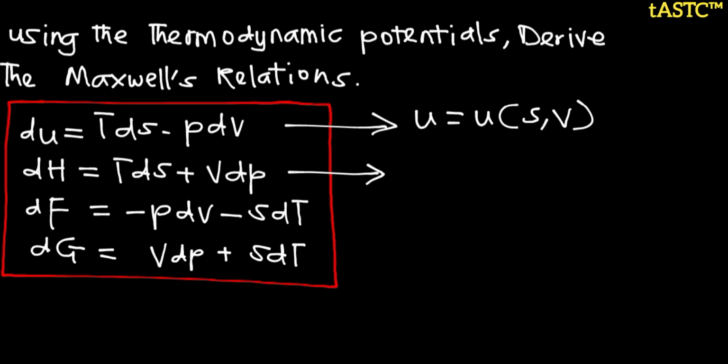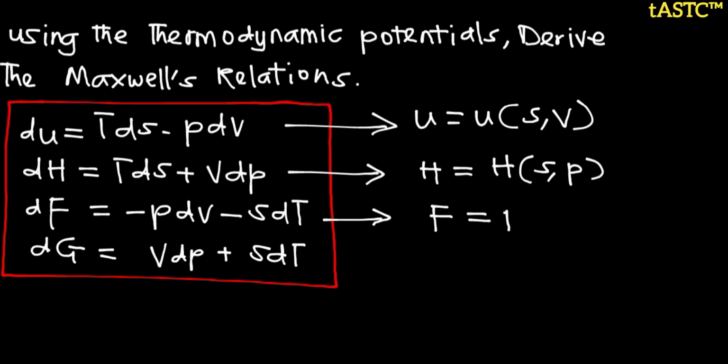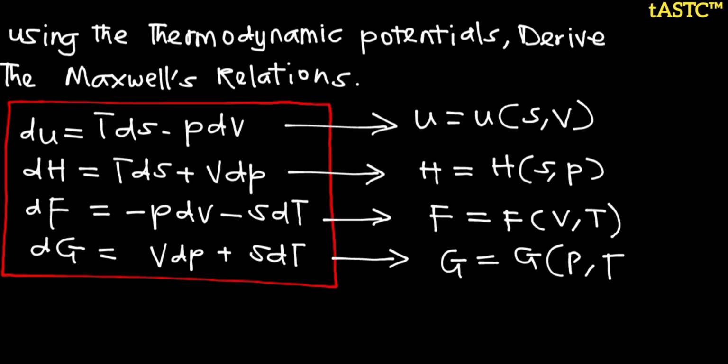Now going on to the second, we have dH such that the enthalpy is a function of the entropy and the pressure. And for the third, we have F, the Helmholtz function, which depends on V and T. And for the last one, we have G. G will depend on P and T. So we're going to start with the first equation.